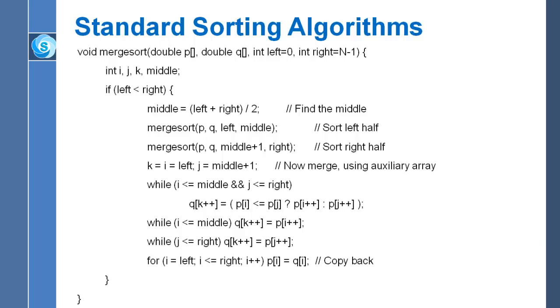It says left equals 0. Well, that's a default value. If you're not used to it, this would not, in all cases at least, be setting left to 0. It's only going to set left equal to 0 if left is not passed as a parameter.